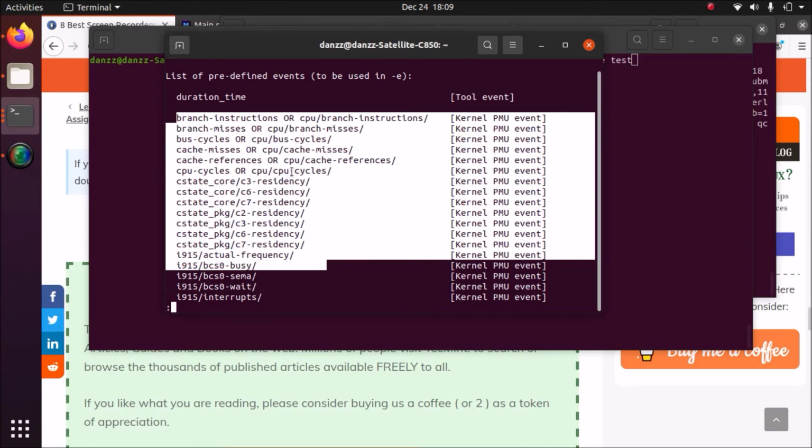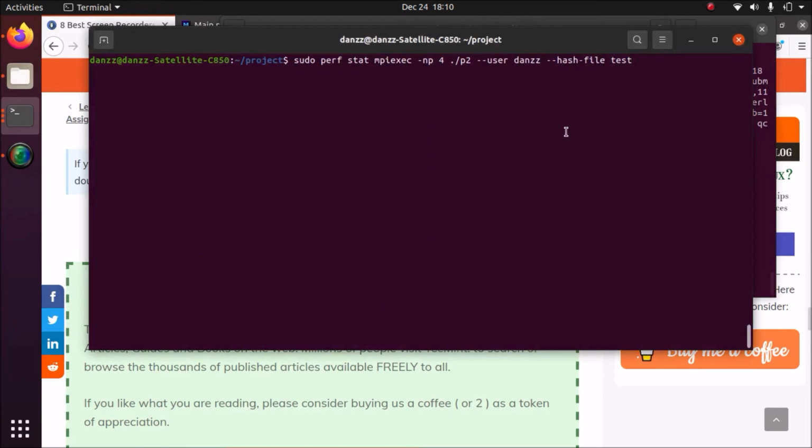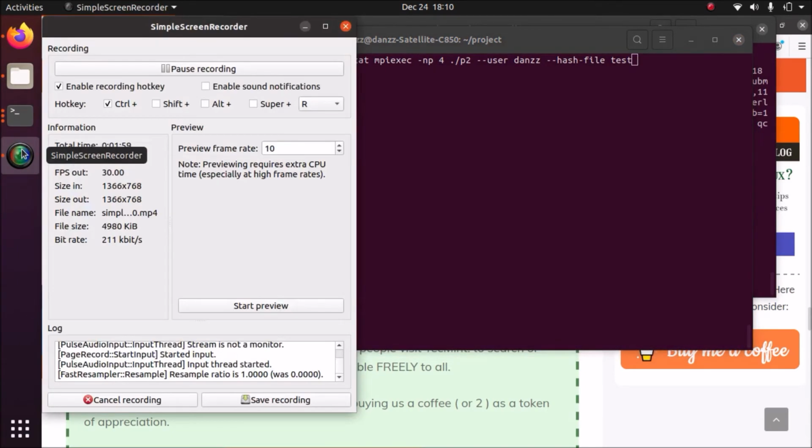You can see here I now have supported branch instructions, branch misses, CPU cycles and everything, and all the hardware counters that were missing from the Windows environment.